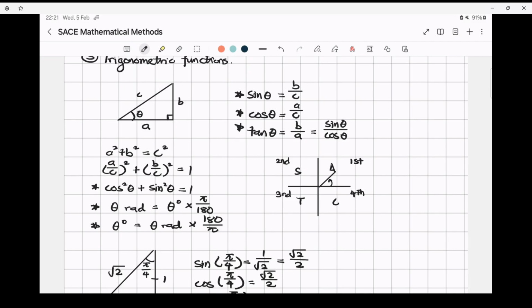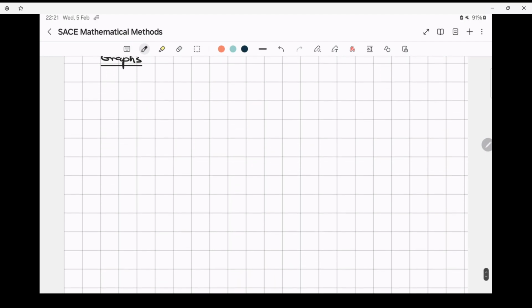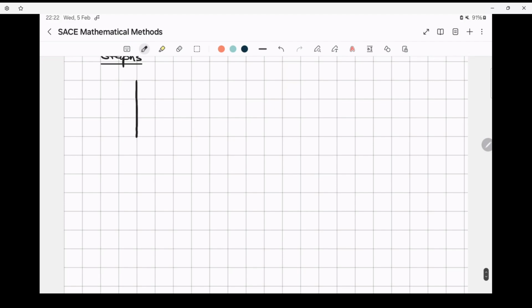So now we look at the graphs. For a sine graph, y equals sine of x. We usually draw it like this.